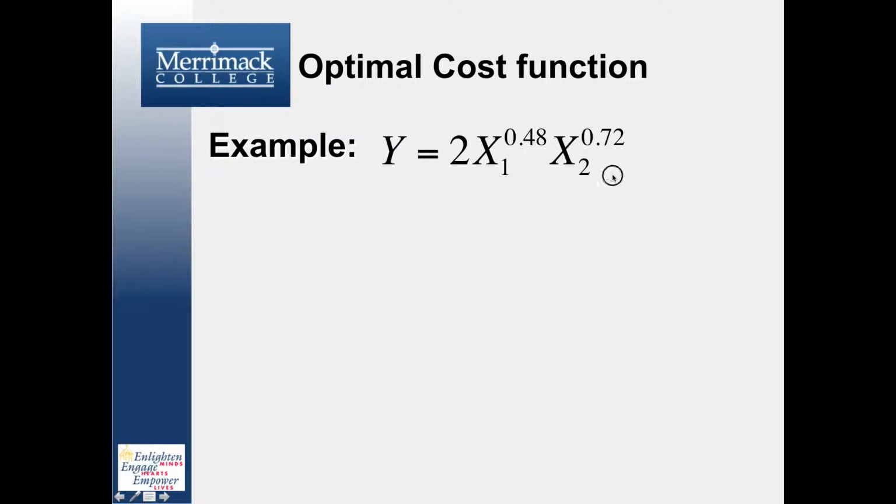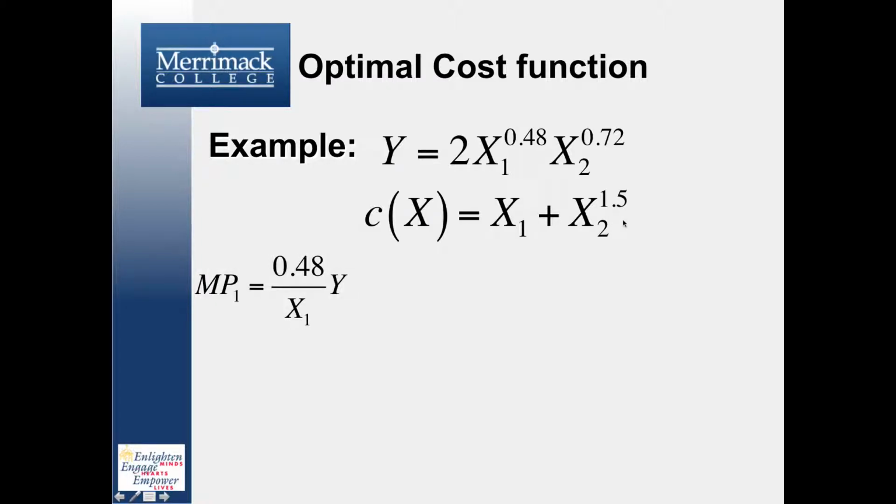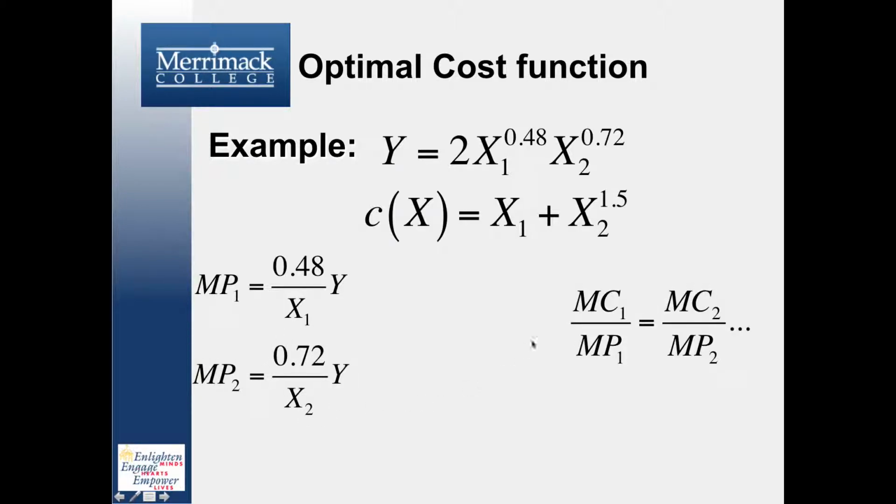So let's say we have this function, as I said, and this is the cost function. Let's do the marginal product with respect to x1 and with respect to x2. We know this, right? The marginal cost with respect to x1 is 1, and with respect to x2 is this.